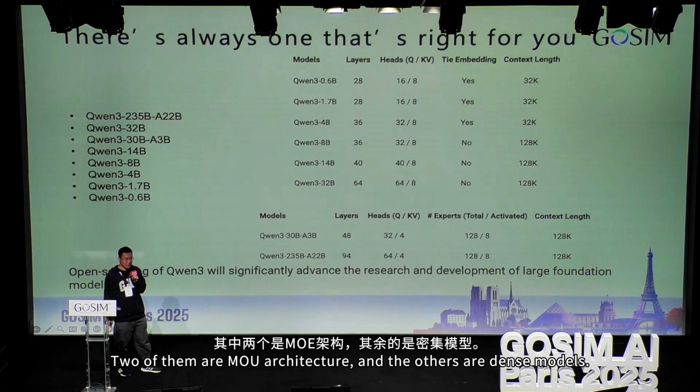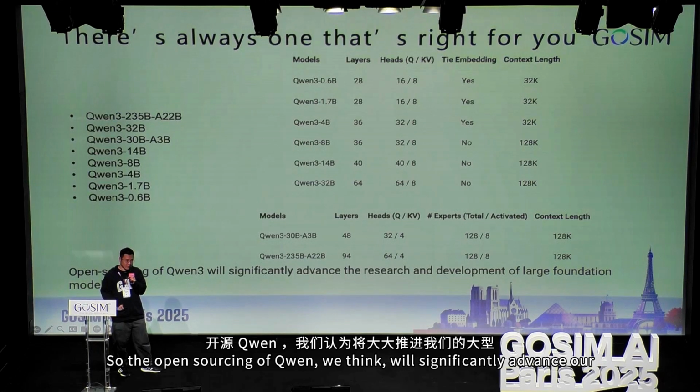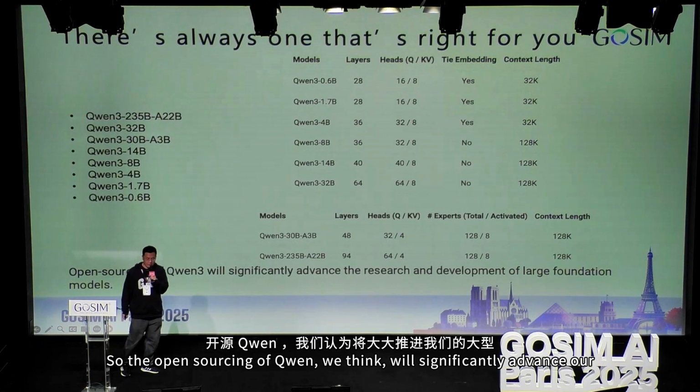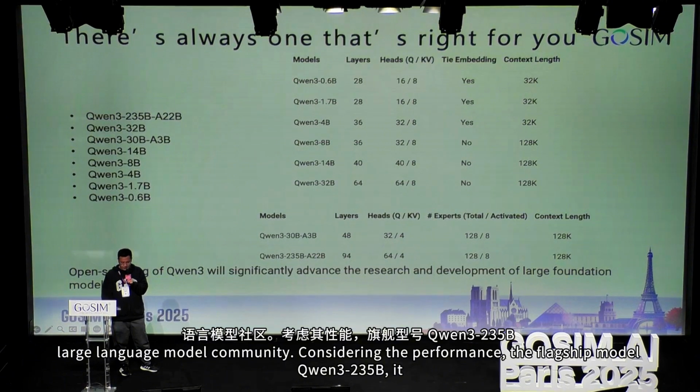Two of them are MoE architecture, and the others are dense models. So we believe there must be one that is right for your application or your research. The open sourcing of Qwen will significantly advance our large language model community.